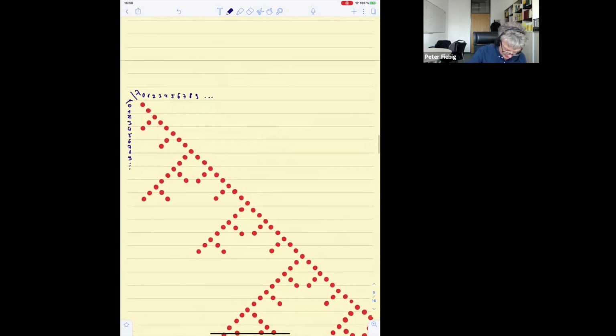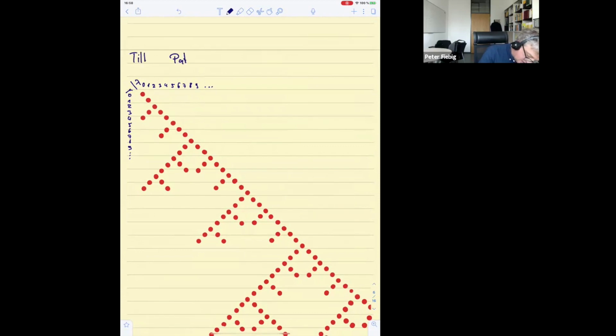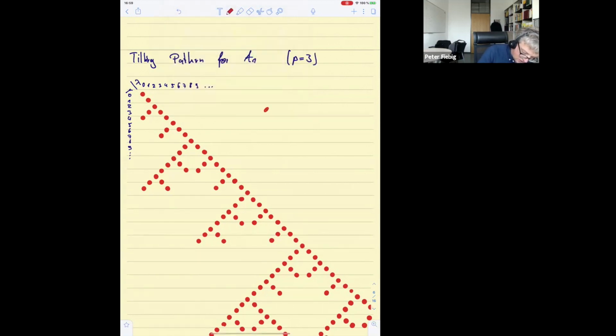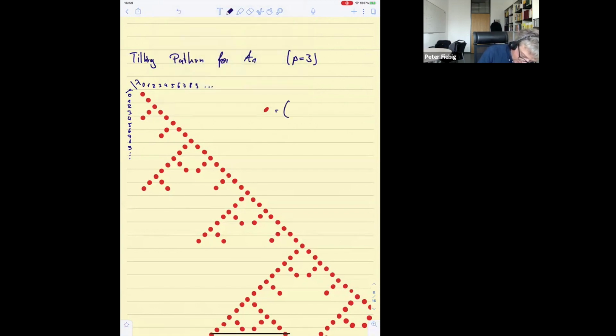So the next slide you see here is the tilting pattern. So the tilting pattern for SL2, for A1. And here the prime is 3. And you should read it as follows. So red dot just means that the tilting module with highest weight lambda has the Weyl module with highest weight mu as a subquotient.